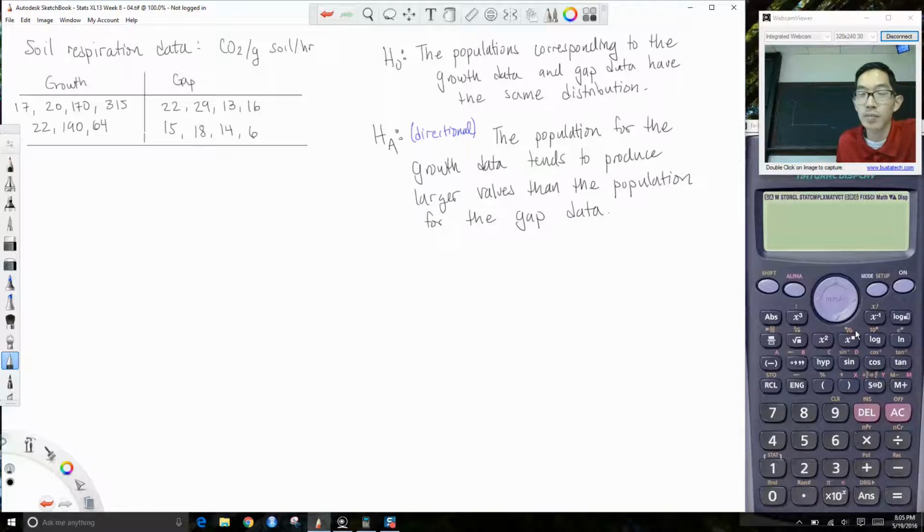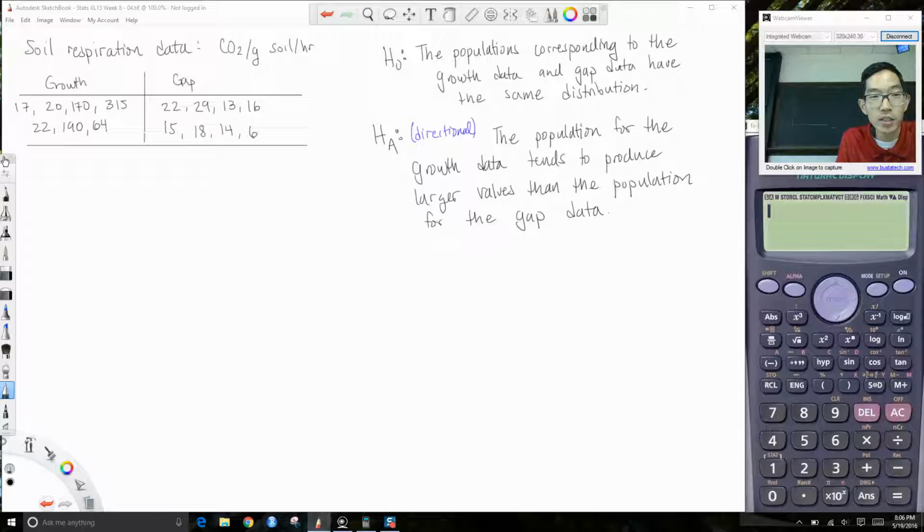Okay. All right, and we can see that this would be the correct situation to use the Wilcoxon Mann-Whitney test, because if we look at the growth data, we see some very large values, to the point where it's kind of like, what the outliers are, but we've got some really large values in comparison to the gap data values.